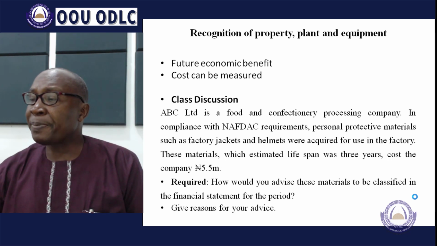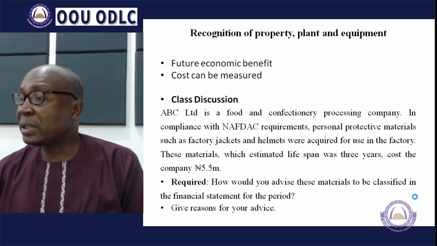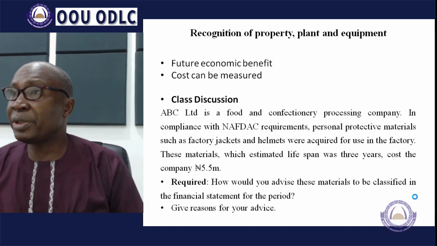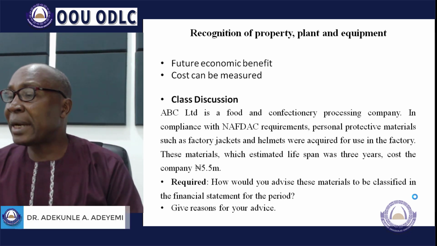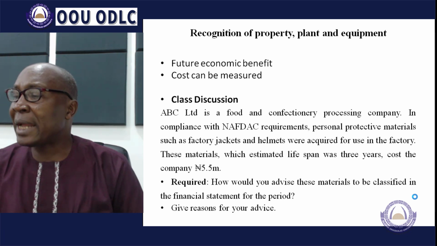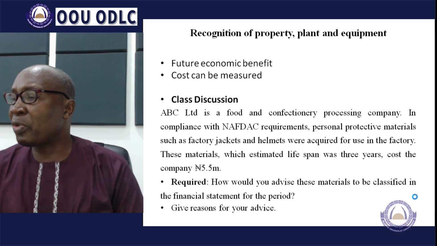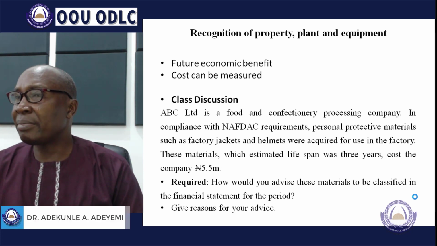A. The purchase price of the item after any trade discount or rebates. B. Costs that are directly attributable to bringing the item to the location and condition necessary for it to be capable of operation as intended by management.